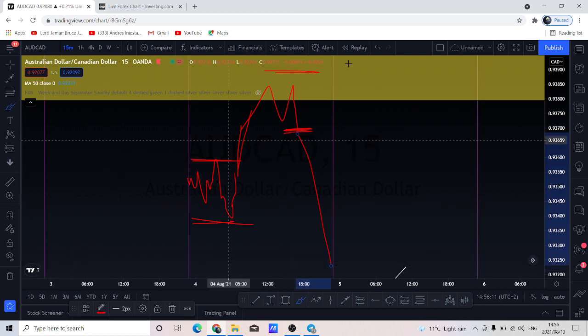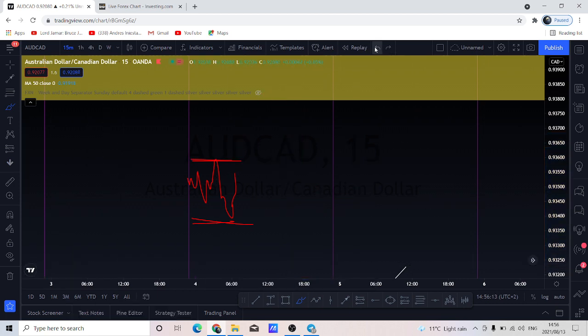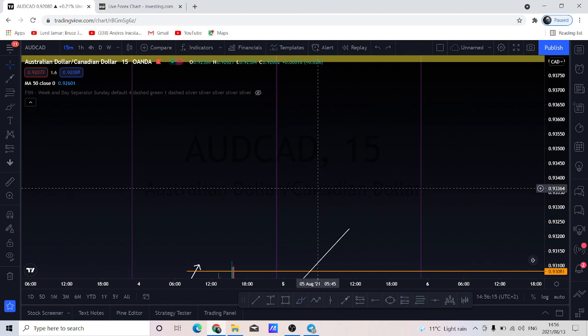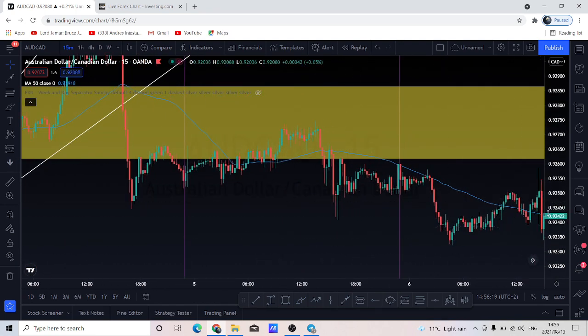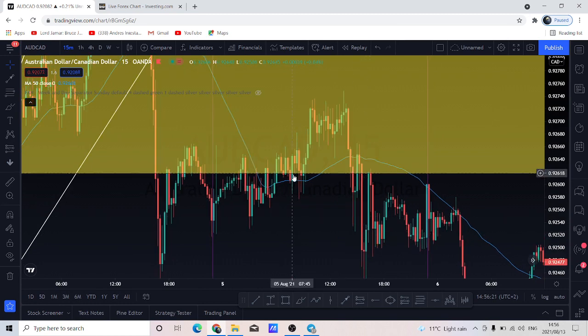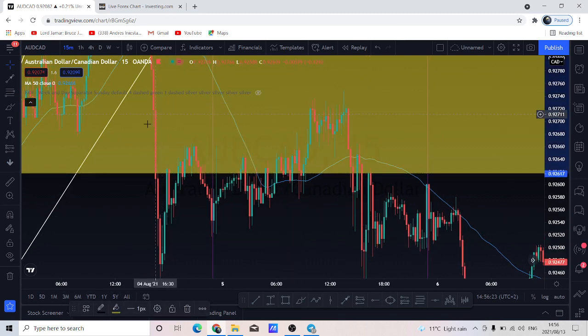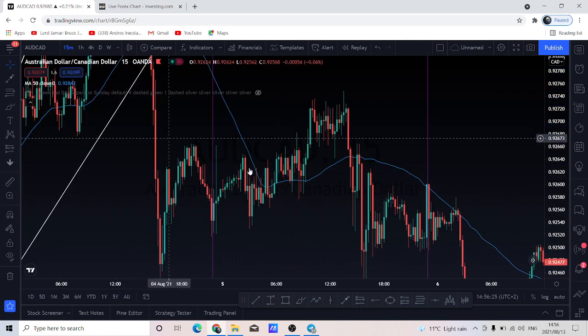So let us remove everything here, and then let's come to here. Or let's rather remove this.